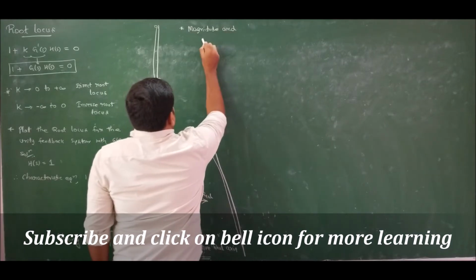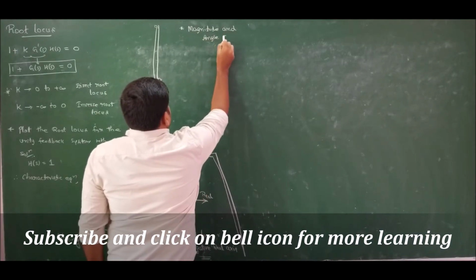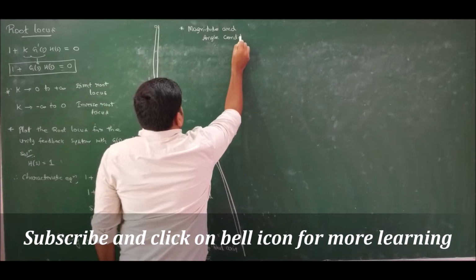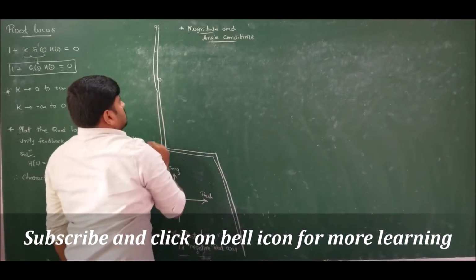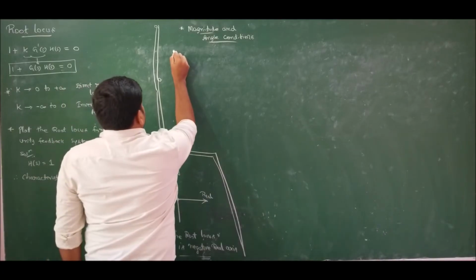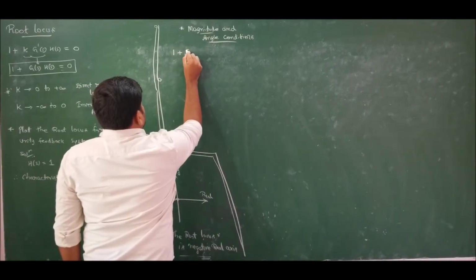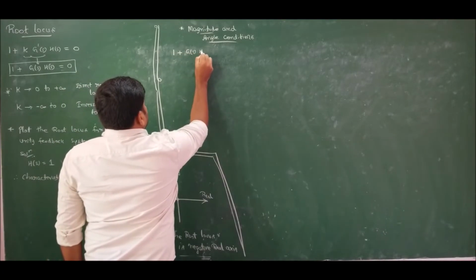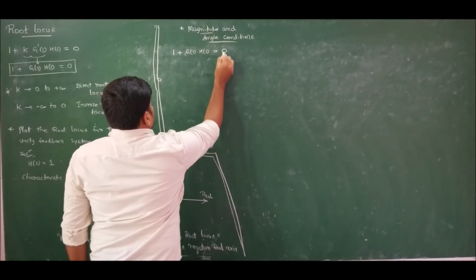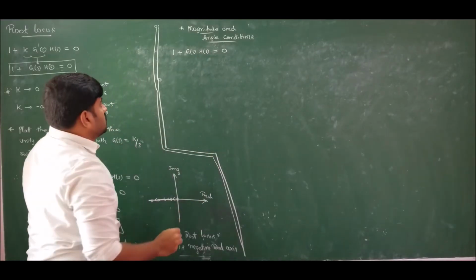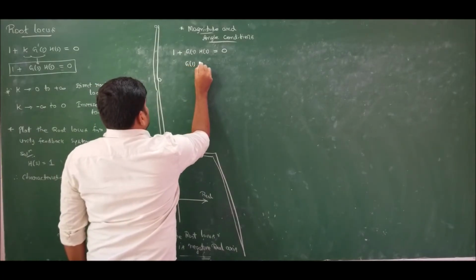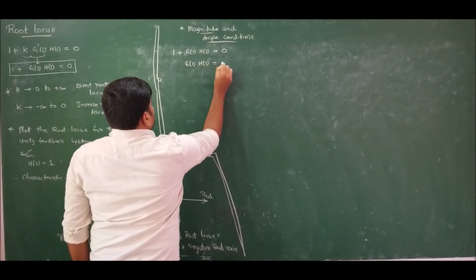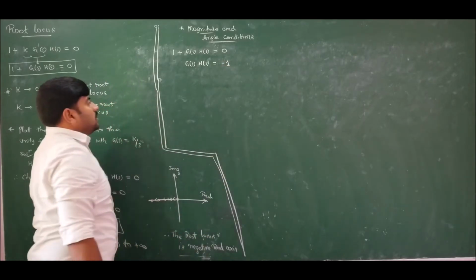The characteristic equation is given by 1 plus g of s into h of s is equal to 0. So therefore g of s into h of s is equal to minus 1.